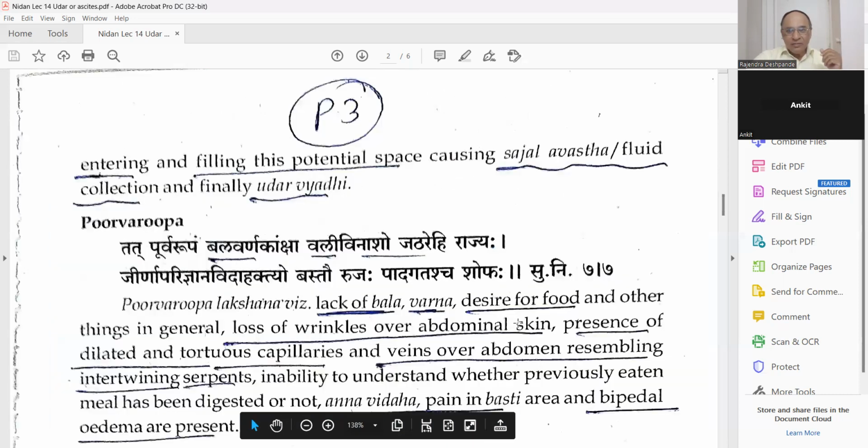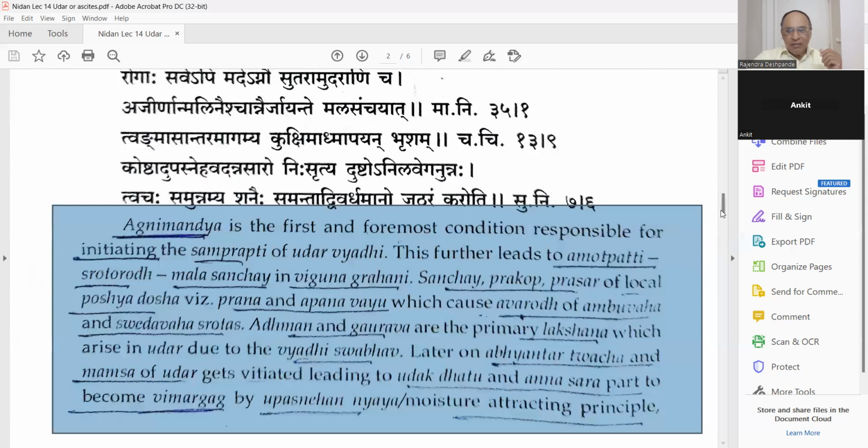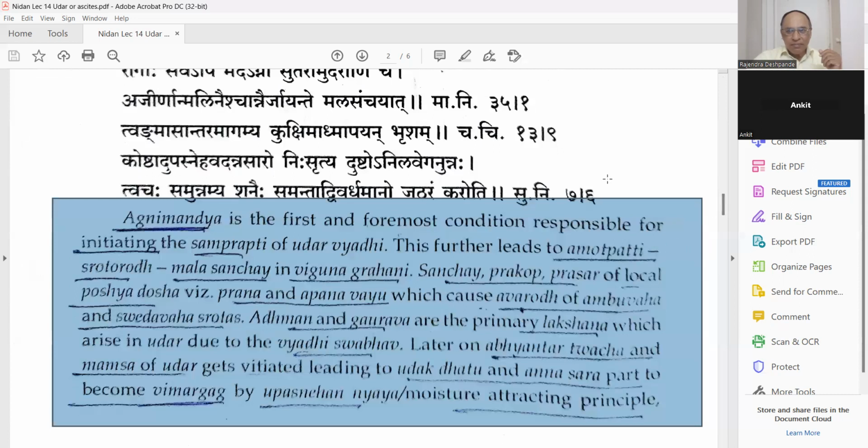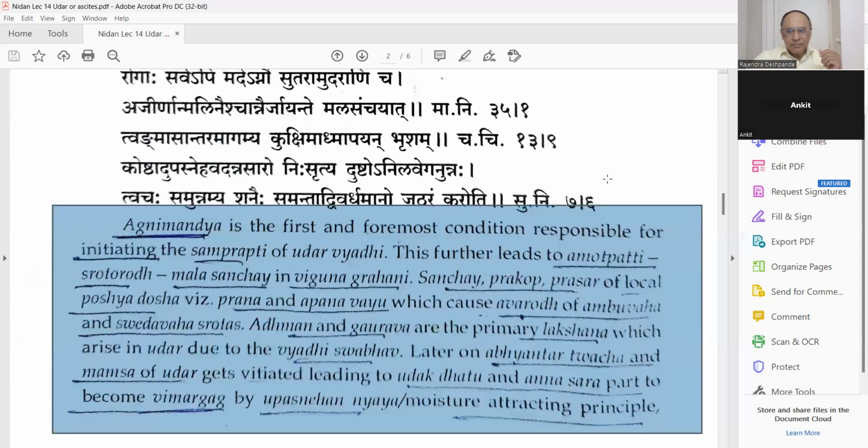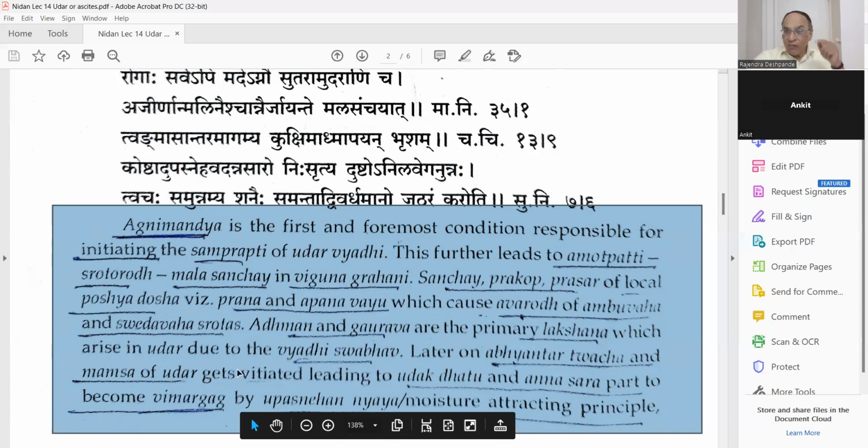Later on, I will move slowly. Abhyantara Tvacha and mouth of Udara, local, gets vitiated, leading to the Udaka Dhatu and Annasara part becoming Vimarga Gamana and Upasnehana Nyaya. Please write down this word, Upasnehana Nyaya.